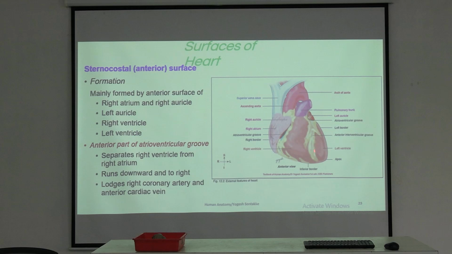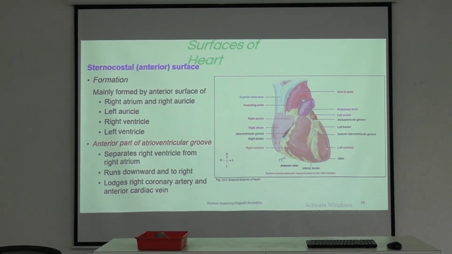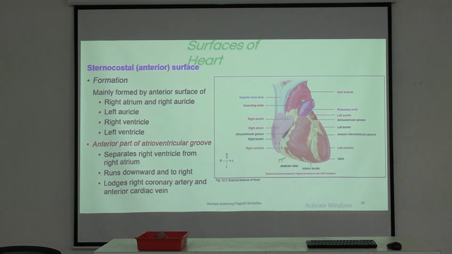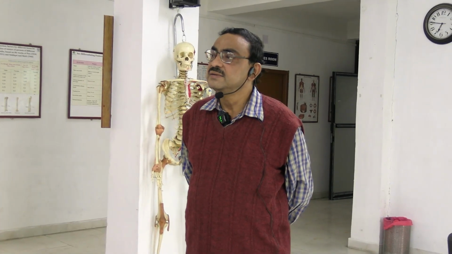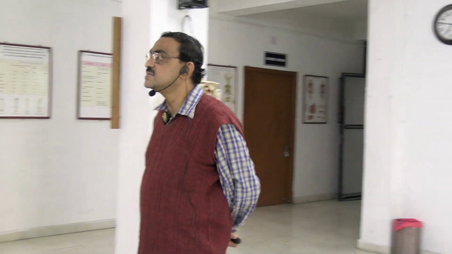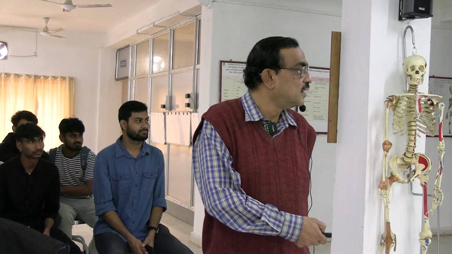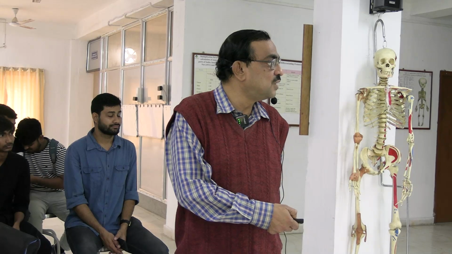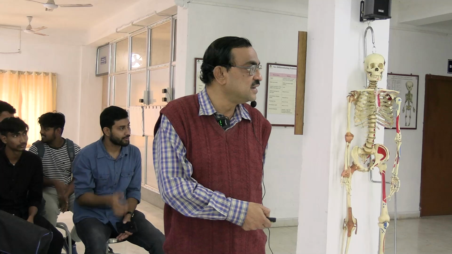And another groove we can find in between the right and left ventricle, that is the anterior interventricular groove. So, we can find the sternocostal surface as well as so many grooves: the atrioventricular groove, right part, the atrioventricular groove, left part, and the anterior part of the interventricular groove.